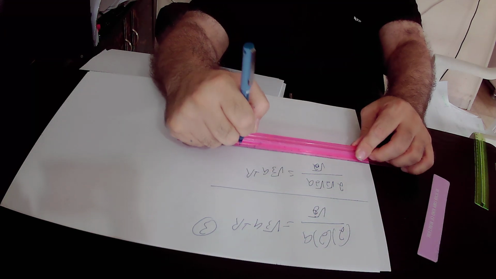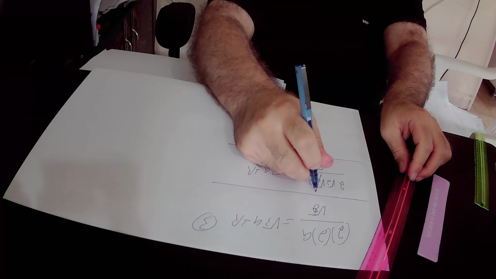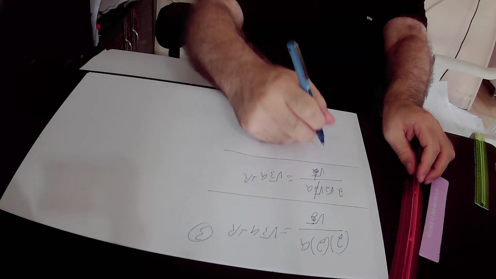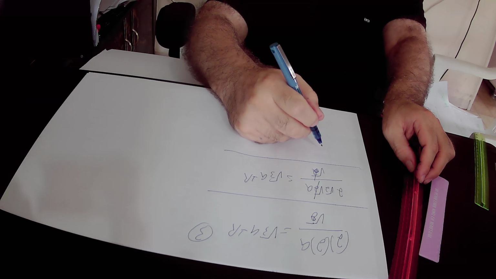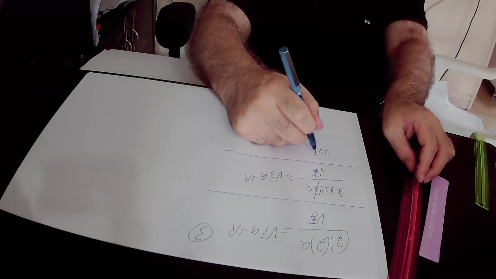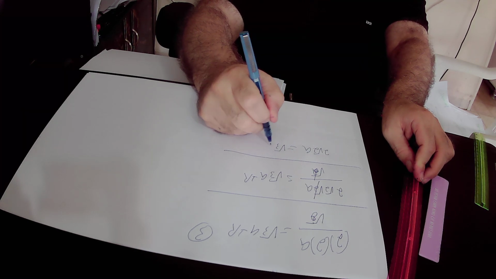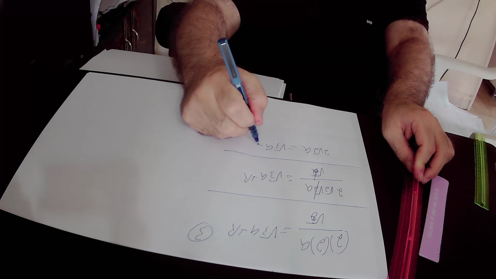So here we have square root of 2 in the numerator and square root of 2 in the denominator, so square root of 2 will get cancelled, and we have only 2 times square root of 2 times a equals square root of 3 times (a plus r).